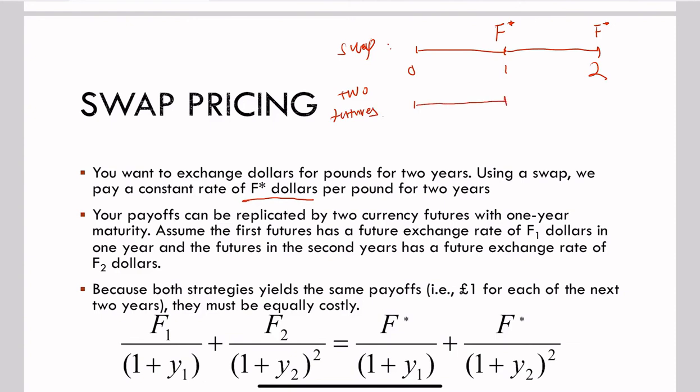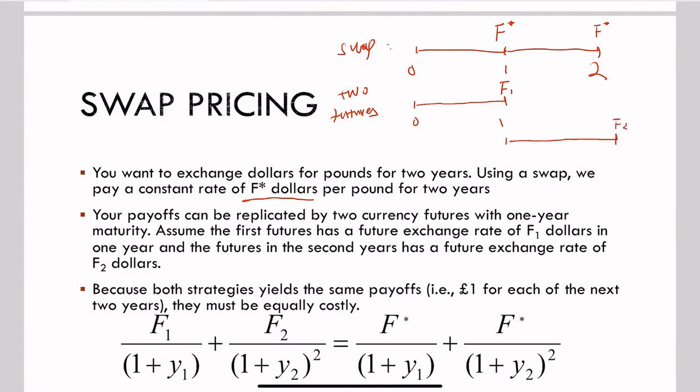For the first contract, let's say its exchange rate at the end of the year is given by F1. And then you could enter into the second contract. Let's say the second contract at the end of the second year would be given by F2. Sorry, I should not use F2 star, I should just use F2 here.